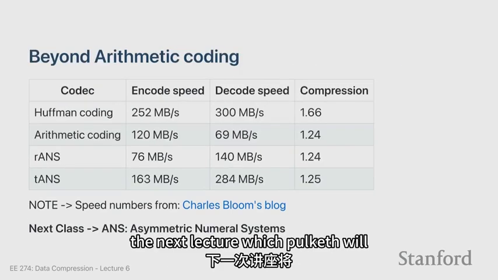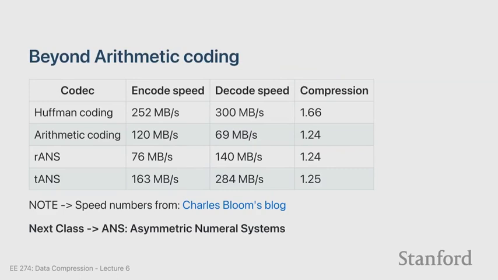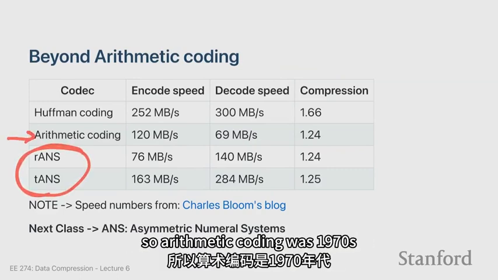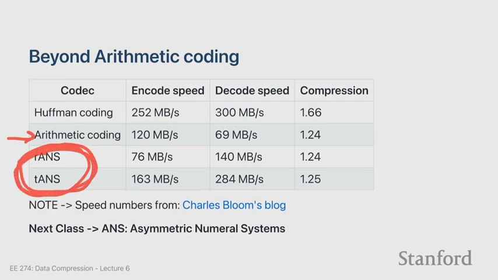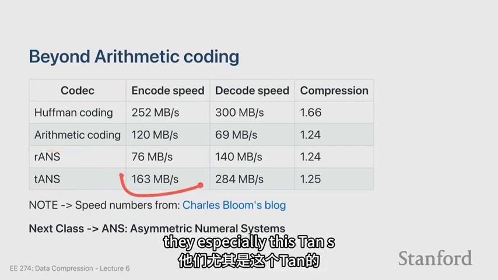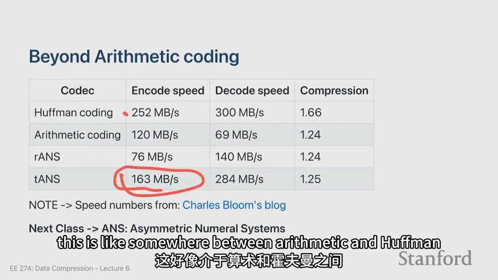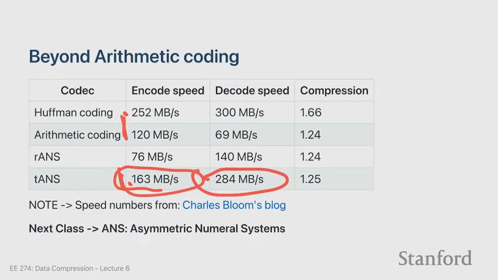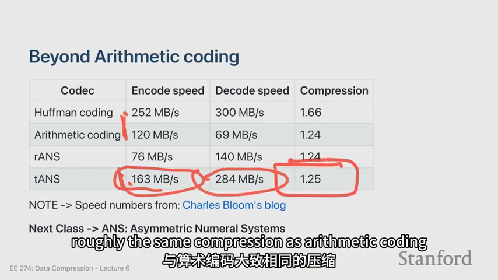In the next lecture, which Pulkit will take, you will see two very modern codes. Arithmetic coding was 1970s; these two are like 2010s, developed in the last 10, 20 years. Especially TANS is somewhere between arithmetic and Huffman coding, with very fast decompression, still getting roughly the same compression as arithmetic coding.